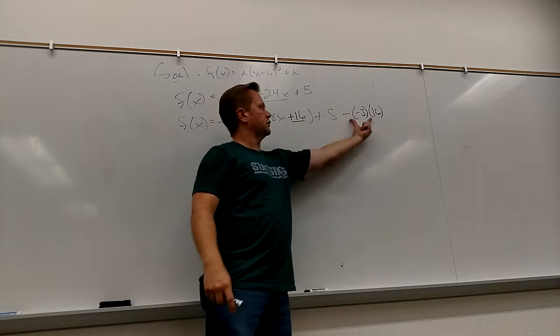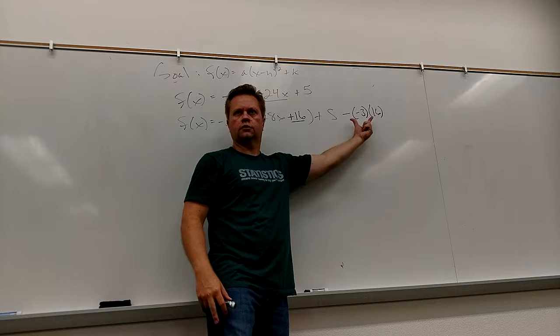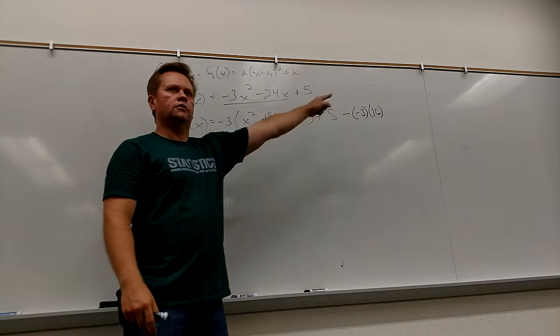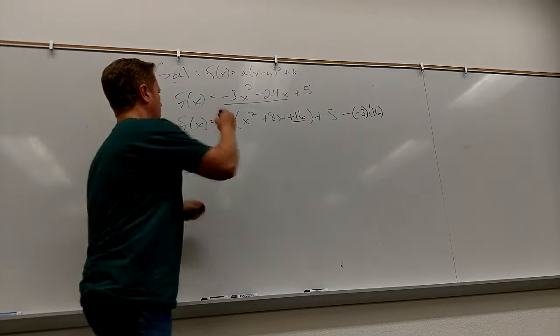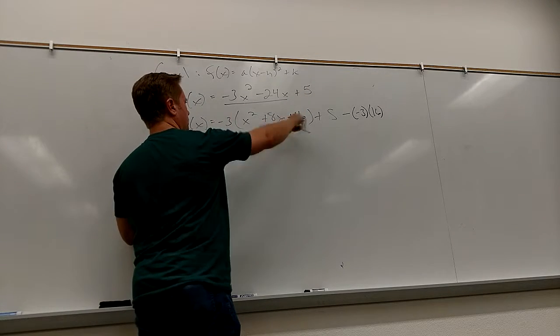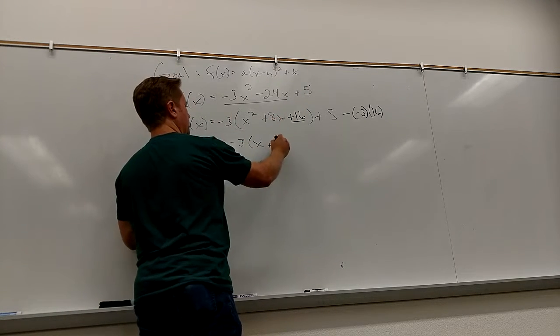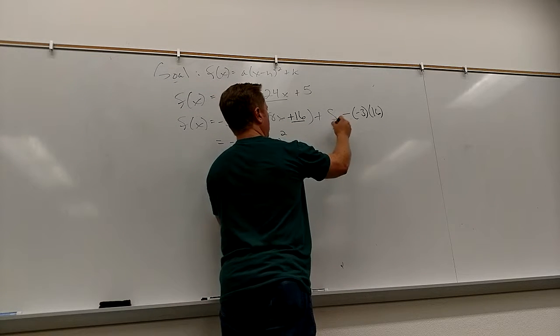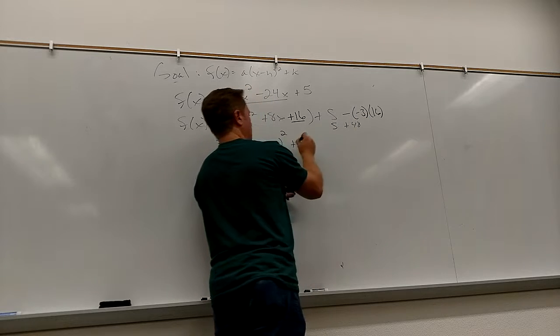So I get negative 3 times this, which factors. Half of 8 was 4, so that's how that factors. And then I get 5 plus 48.